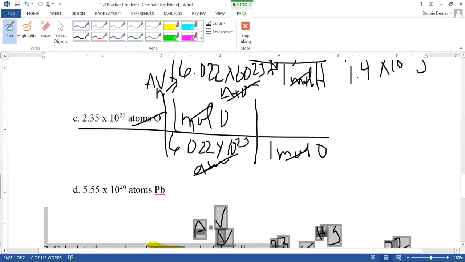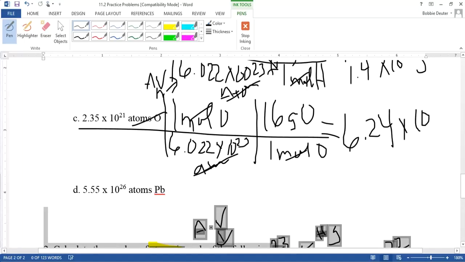We look at our periodic table. We find out that oxygen is 16 grams. It's 15.99999. We're just going to round that to a whole number. And then we're going to multiply the top using parentheses, dividing by the bottom, and you get 6.24 times 10 to the negative 2, and that's grams of oxygen.